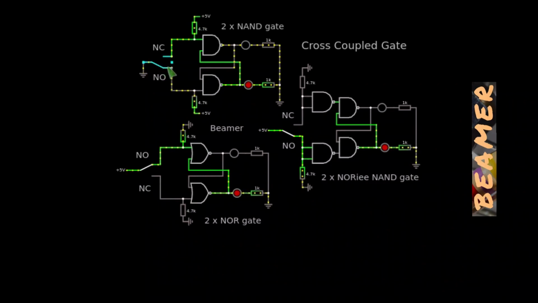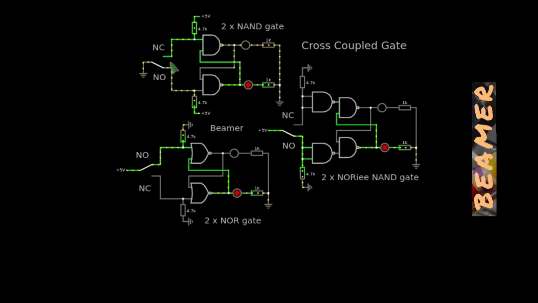Well, the state is not changed in this cross-coupled NAND, and it doesn't matter how that wiper bounces on this contact. The state of this flip-flop will not change until the wiper has made a first contact on the other side, and then it doesn't matter.